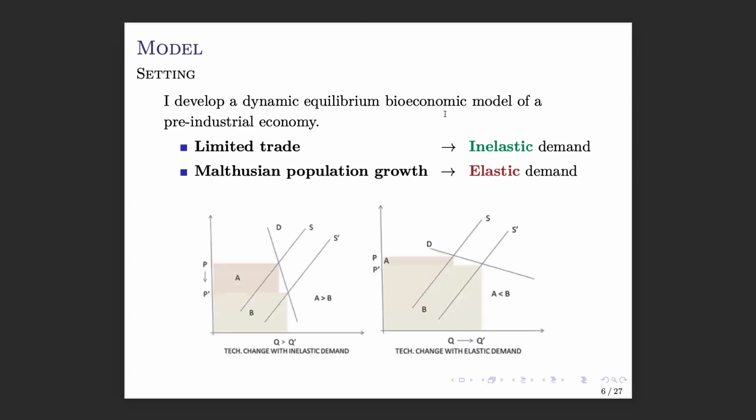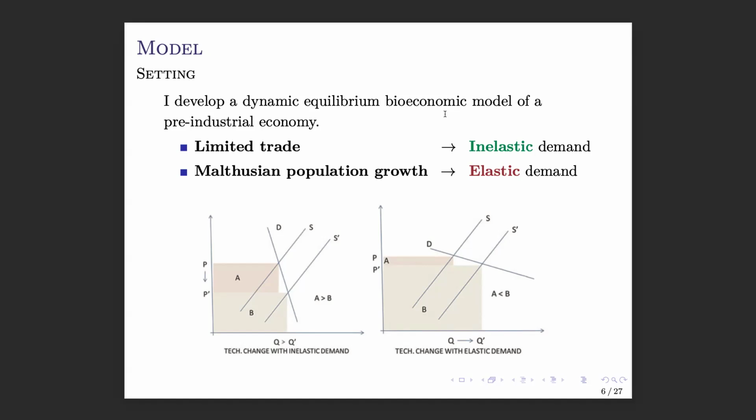To get a little more intuition, this is not from my model, it's just lifted from another paper. Basically, the idea here is that in the left panel, you see a market for agricultural output with an inelastic demand curve, and on the right, a relatively elastic demand curve. And the boxes represent what's happening to revenue for agricultural producers.